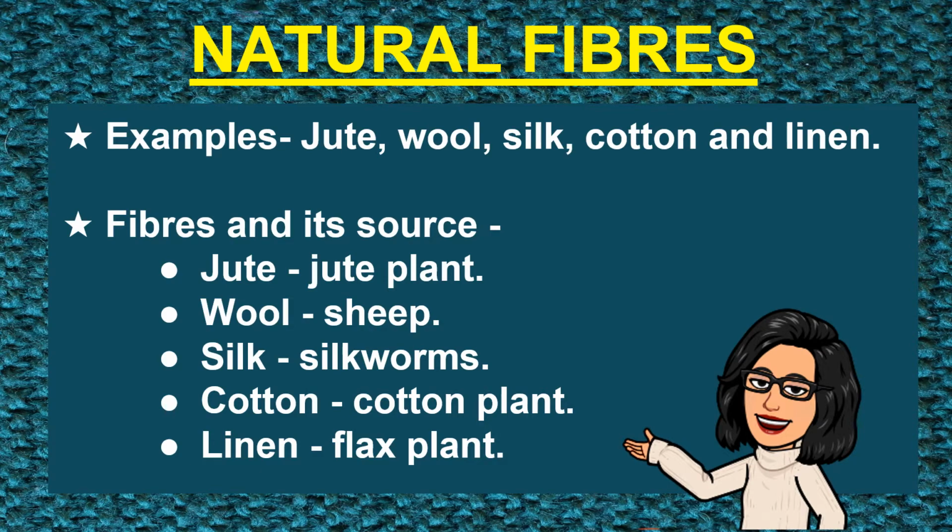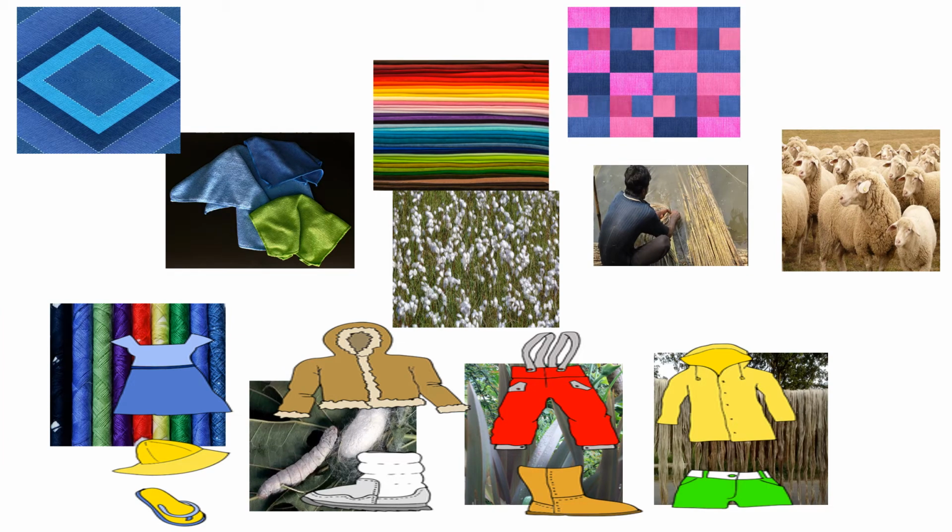Natural fibers, some examples are jute, wool, silk, cotton, linen, etc. Now let's see these fibers. From where do we get them? Jute we get from the jute plant, wool from sheep, silk from silkworms, cotton from cotton plants, linen from the flax plant. You can see different, very attractive cloths and fabrics even.